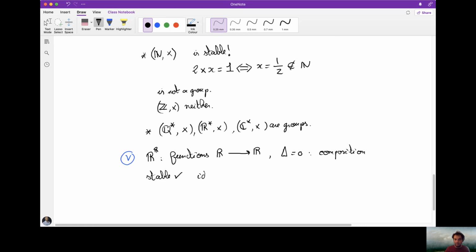We have an identity element. Let's call it id, for identity, the function that takes as an input a number x and gives as an output the same number. However, elements are not invertible. For example, the function x squared is not invertible, because it's not a bijection. The only functions that are invertible are bijections.